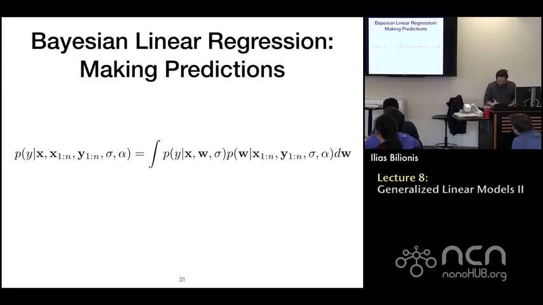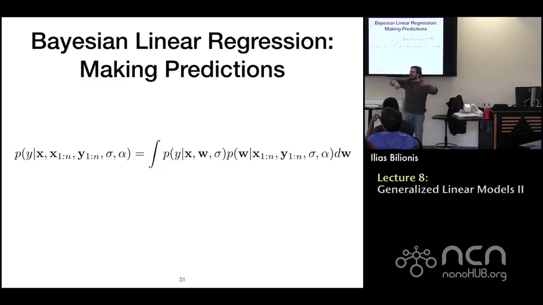So from here, you can go directly to the sum rule, which is, well, tell me what you're going to see if we also introduce that weight in there. Okay? So this is like an identity. You just introduced one more variable and you integrate over it.